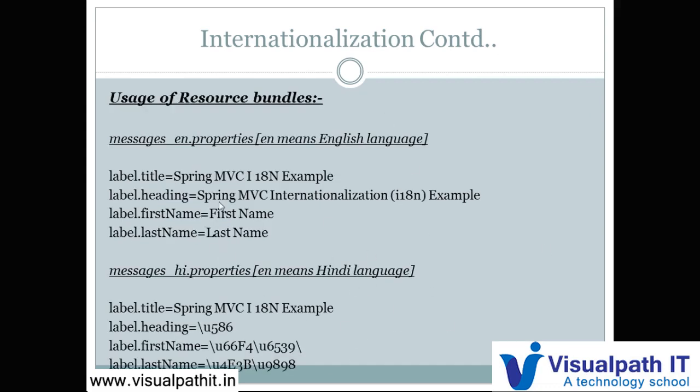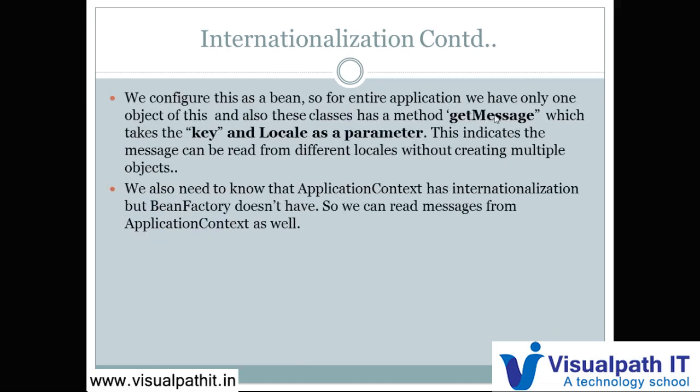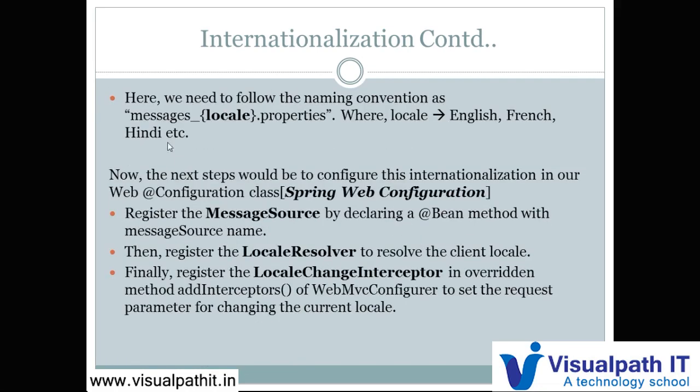In the resource bundles, for the English language we have messages_en.properties. There is a naming convention we need to know: messages_locale.properties. The locale can be English, French, Hindi, German, or whatever language we need to adapt to.